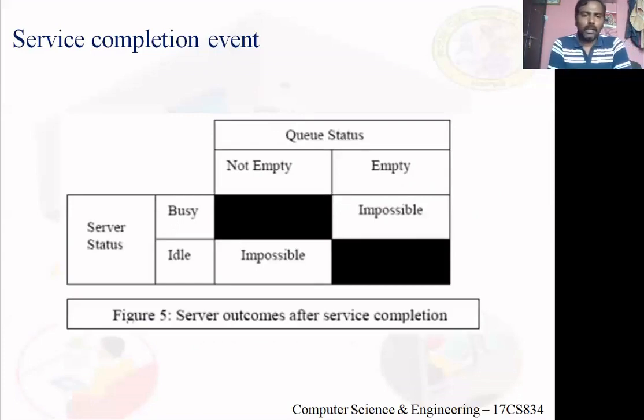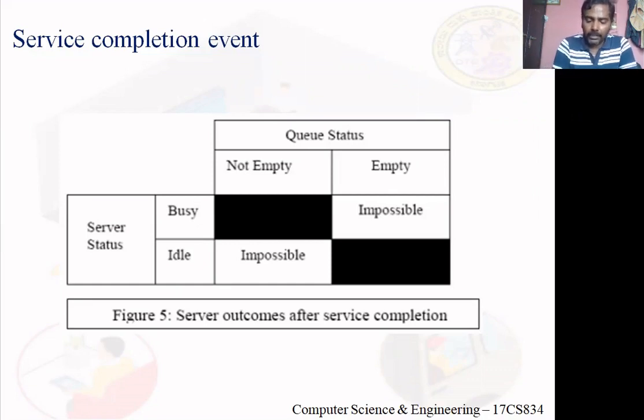Let me say that again. Let me assume the server status is busy, and now the event is departure. Server was busy. Now the departure event occurred and the queue is found to be empty.